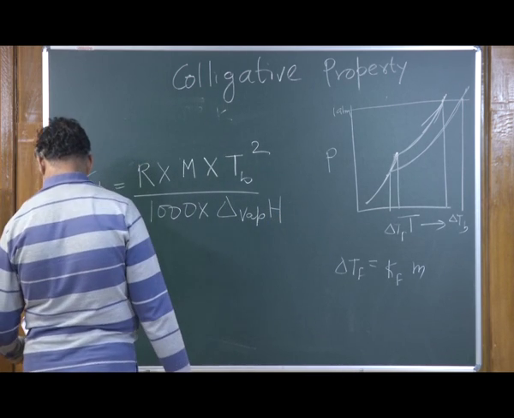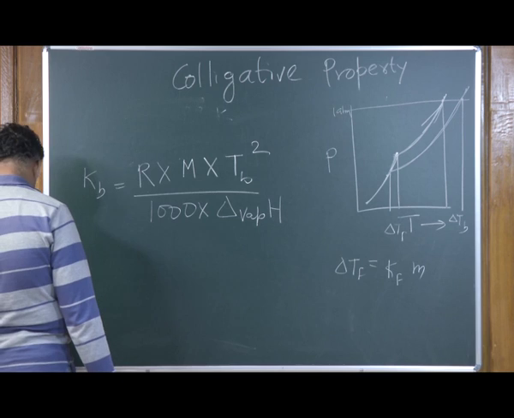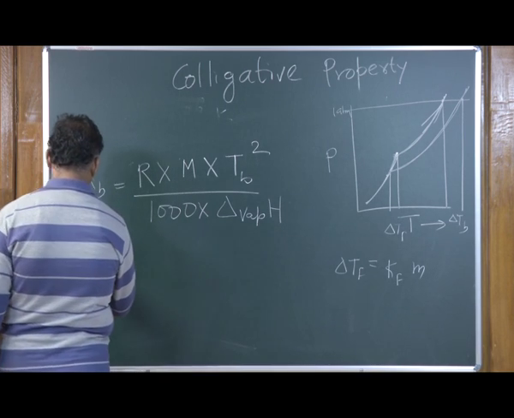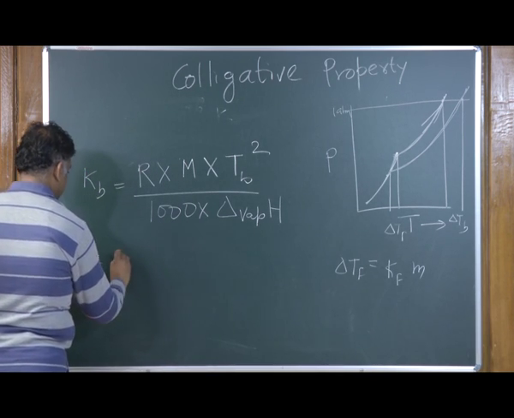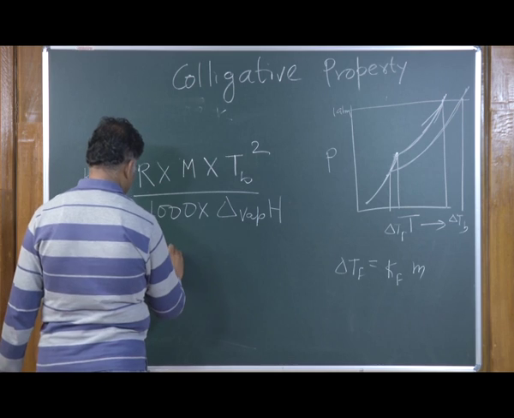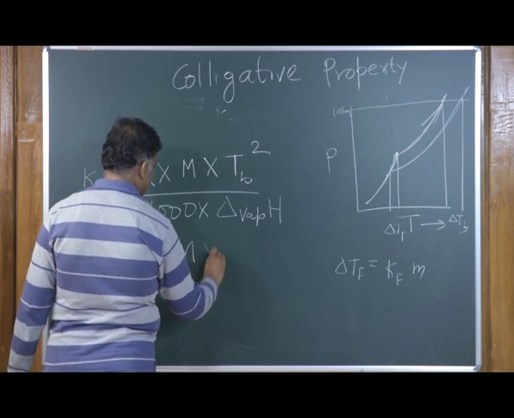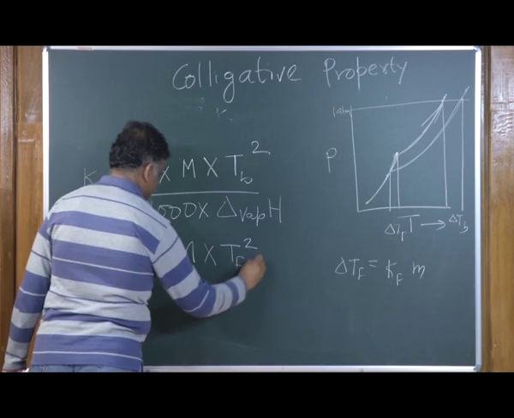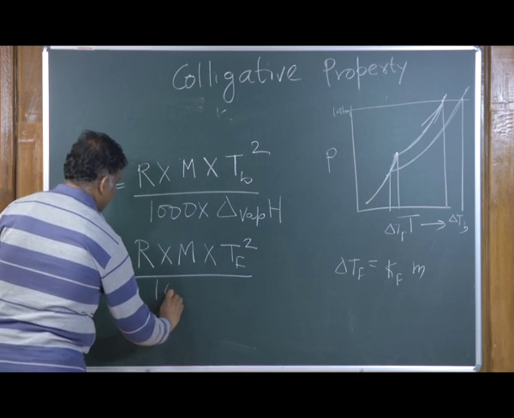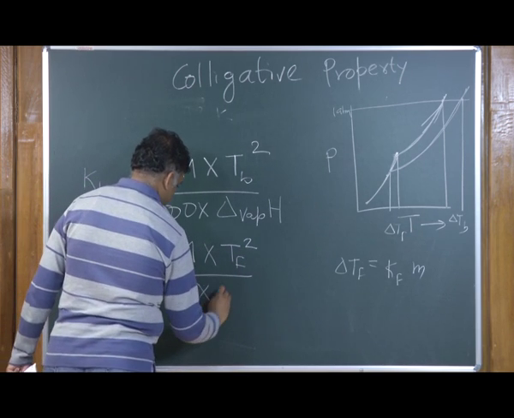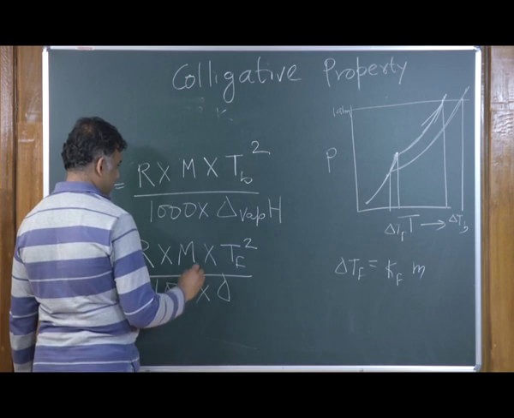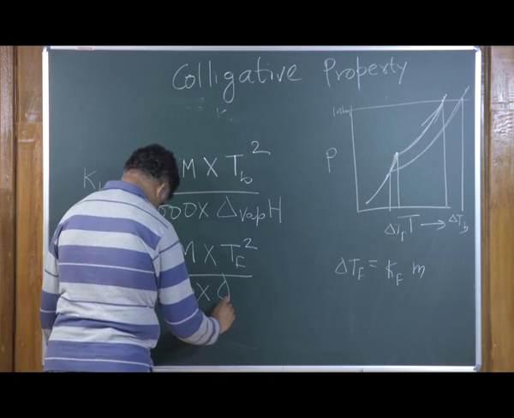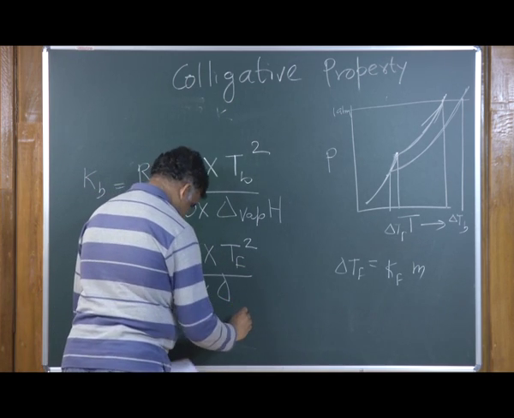And in the same way I can write Kf as R into molar mass of solvent multiplied by freezing point squared divided by 1000 into delta the enthalpy of fusion.